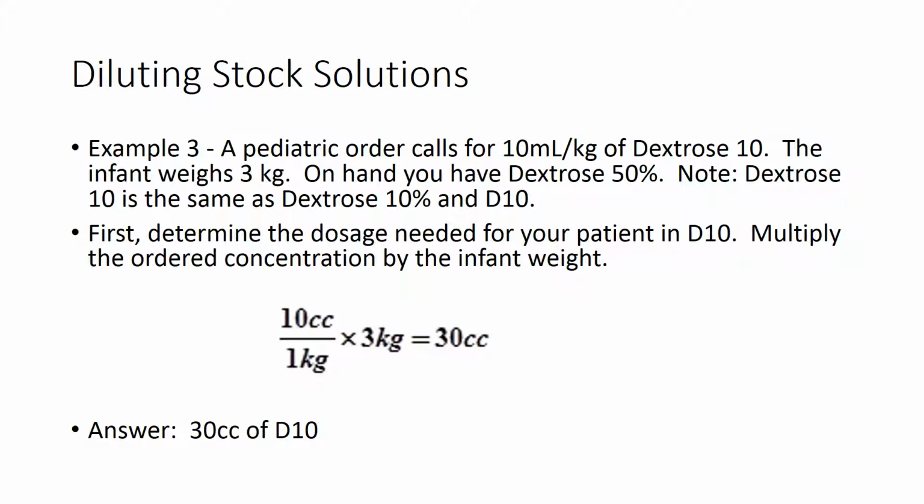If we have 10 cc's per kilogram and there are 3 kilograms, we're going to need 30 cc's of the final solution in order to dose the 3 kilogram child correctly. So we know that our final answer is going to have to add up to 30 cc's.